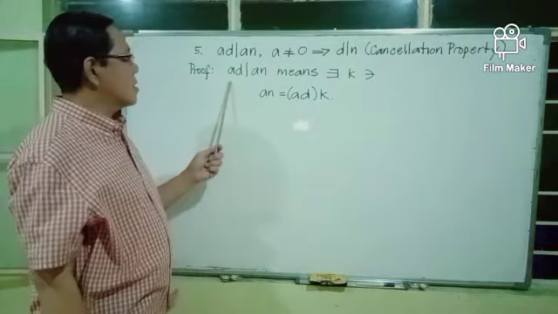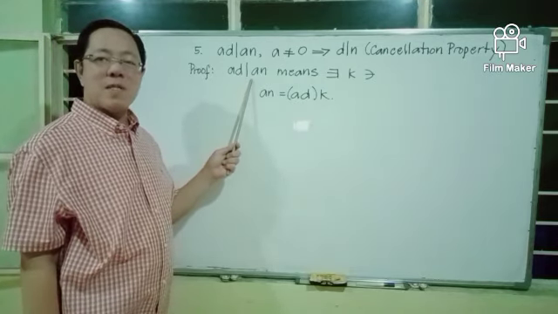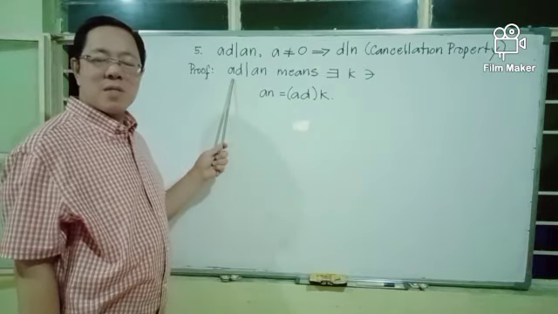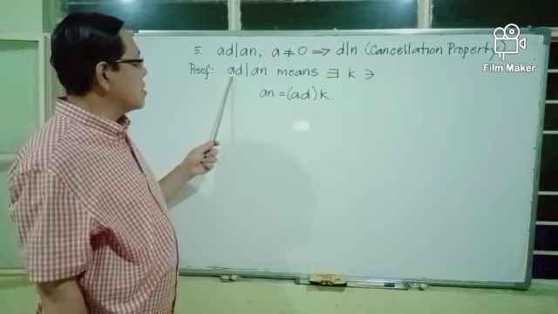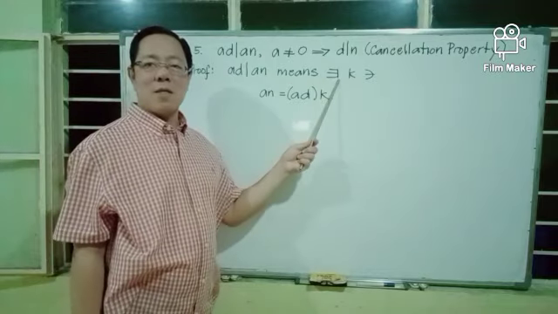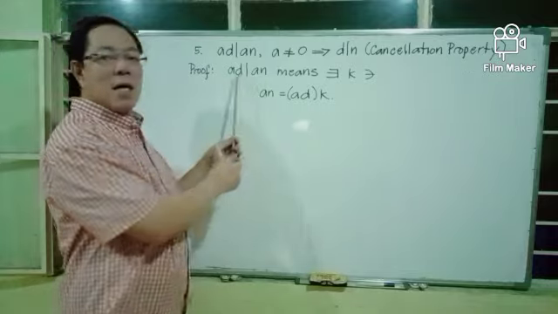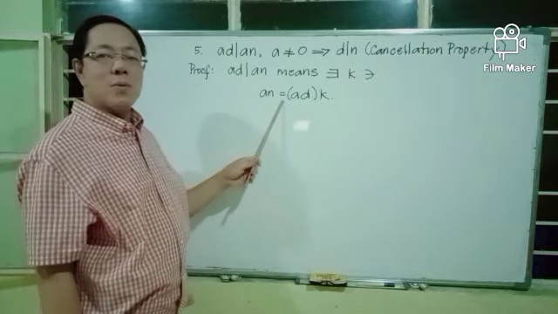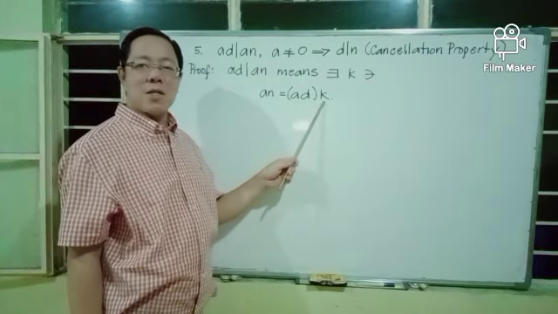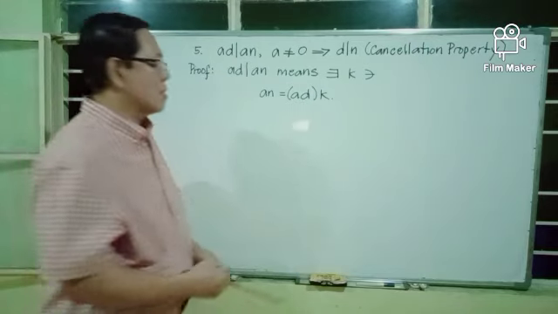Beginning from the given that ad divides an, we make use of the definition of divisibility. The definition of divisibility says that if ad divides an, it means that there exists an integer k such that the product an is equal to the divisor ad multiplied by the integer k. This is by definition of divisibility.